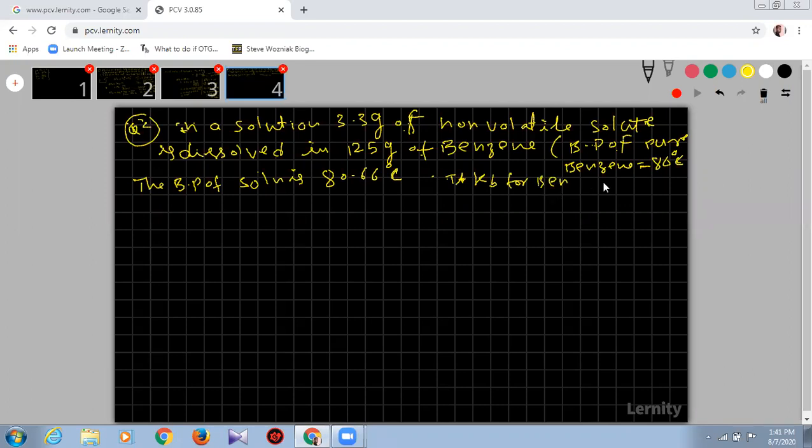okay, Kb value usually gives for what? Solvent only. Okay. Kb for benzene is 3.28 Kelvin kg per mole.